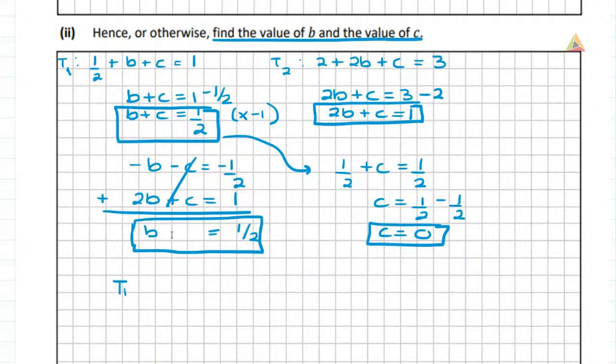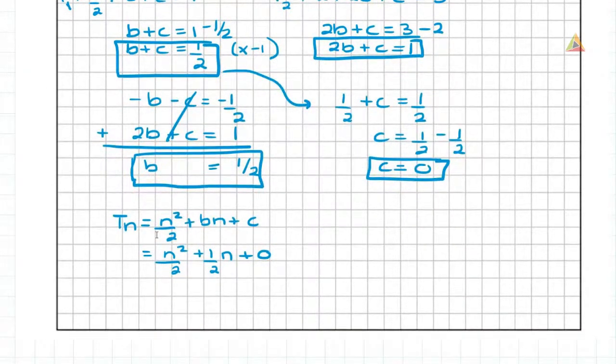So we had Tn given to us as n squared over 2 plus bn plus c, and we would just sub in for b and c. So that's going to be a half n plus 0, and we could tidy that up a little bit more to say that Tn is equal to n squared over 2 plus n over 2.